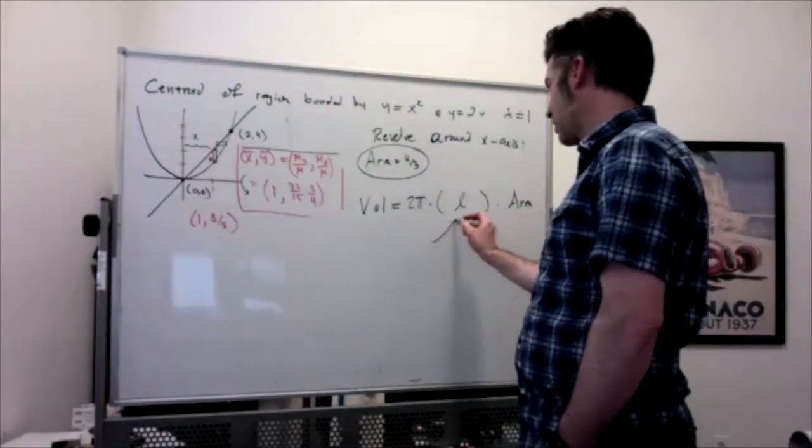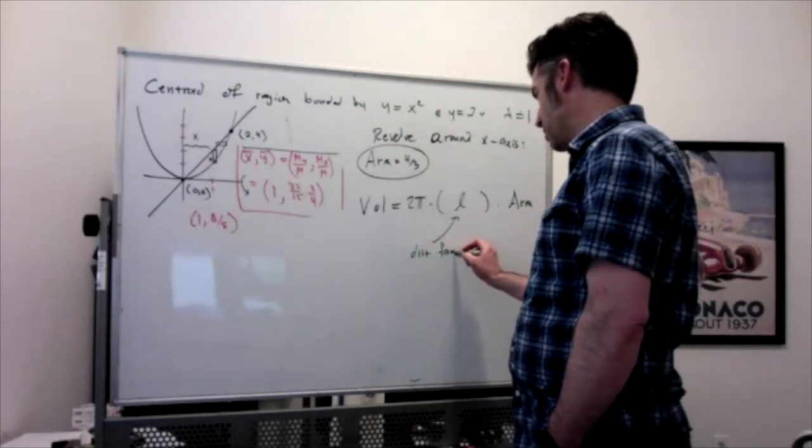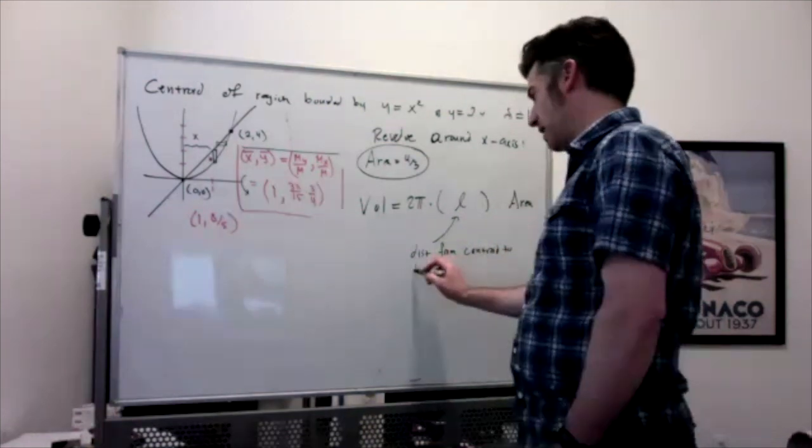And that length is the distance from the centroid to the axis of rotation.